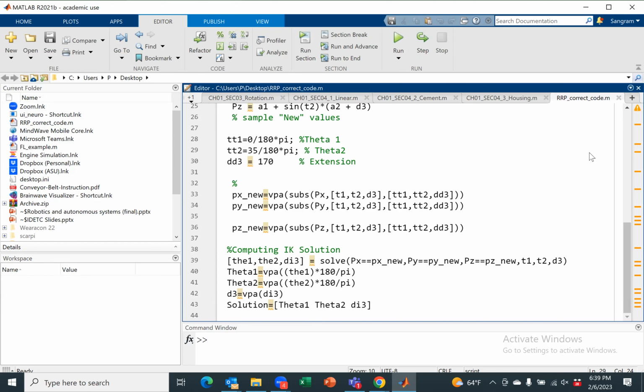And then I find the inverse kinematics. Given the values of px new, py new, pz new, what would be the values of theta1, theta2, and d3? Everyone understood this?